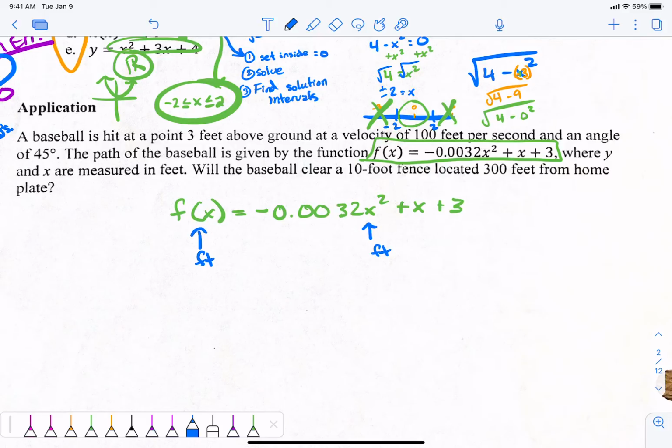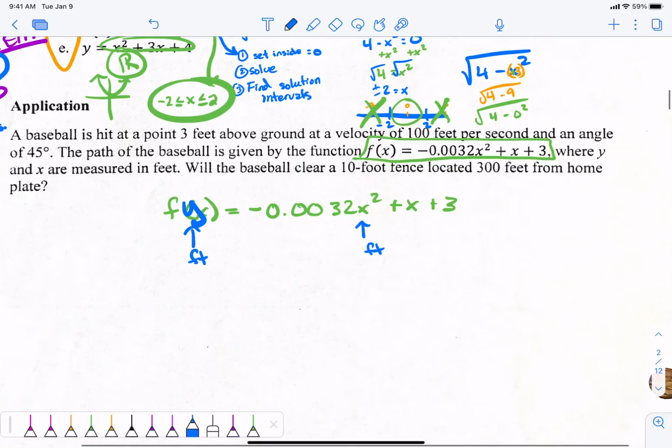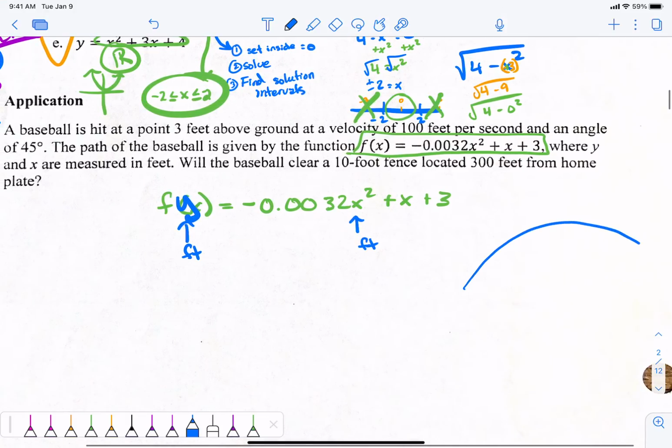We're talking about the path of a baseball: how high and how far. This is the horizontal distance in feet, and this is the vertical distance. X is horizontal distance, y is vertical distance. Both of them are in feet.